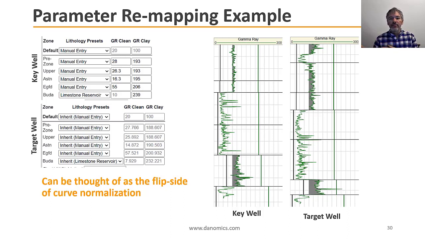This is helping deal with some of the minor variations in things like tool response that are present in our large-scale data sets. And really the way to think about this is it's just the flip side of curve normalization. So instead of changing the data distribution, now we're changing our parameter interpretations.